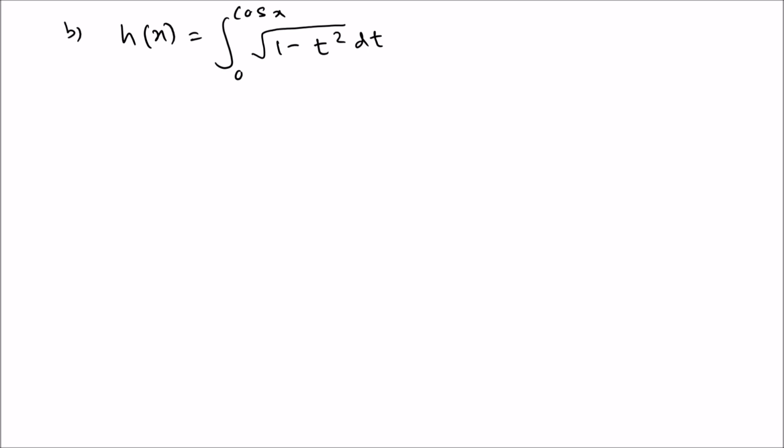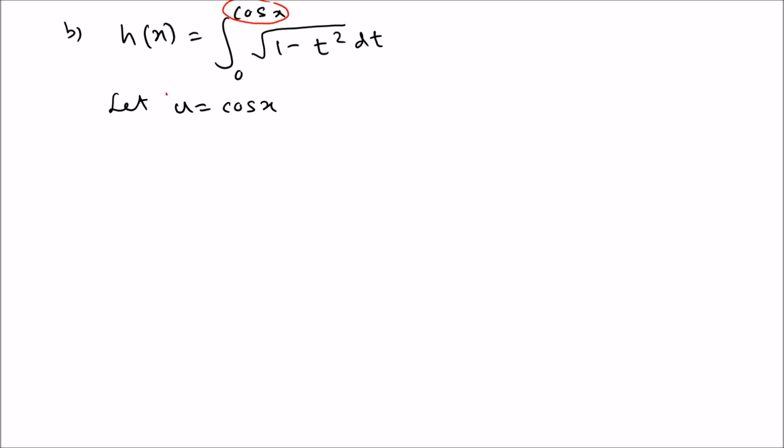But you can see something different here. This is not x, this is cosine x. So when you see something other than x, you want to use the chain rule for that. So let's do that. The first step: let u equal whatever function you have here, cosine x.